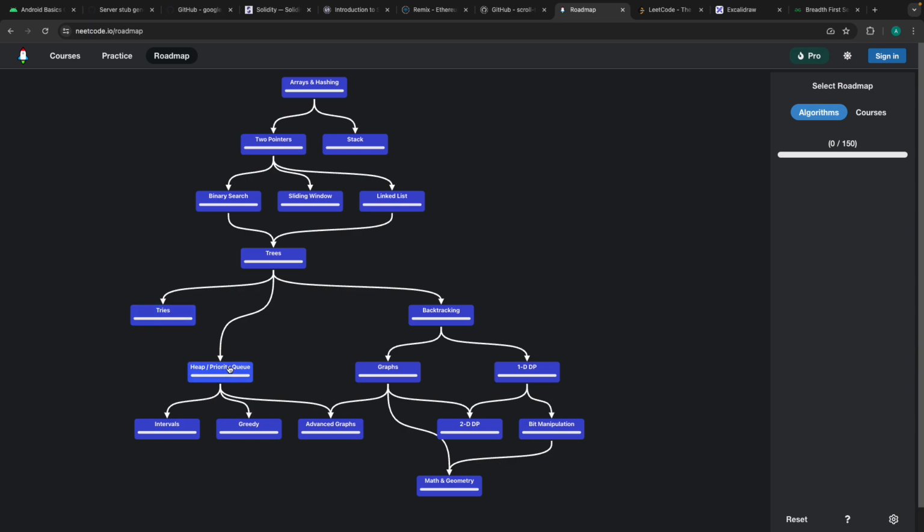I continue solving problems on Leetcode. Yesterday I solved the task with priority queue. Today I'm going to solve the task for graphs.